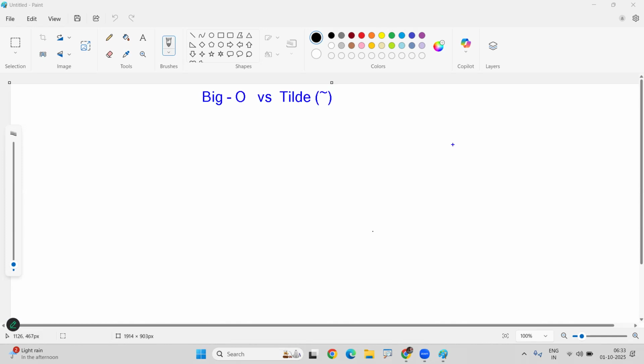According to our algorithms and DSA knowledge, why do we use notations like big O notation and tilde notation? For two things: time complexity as well as space complexity. What is the purpose of using notations?